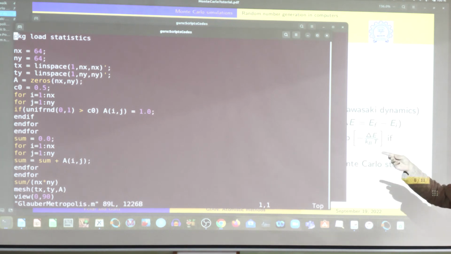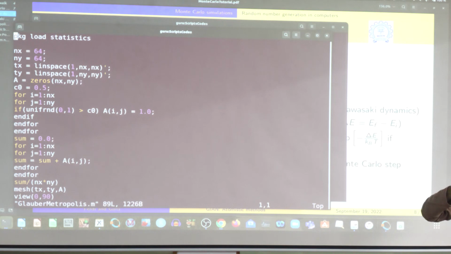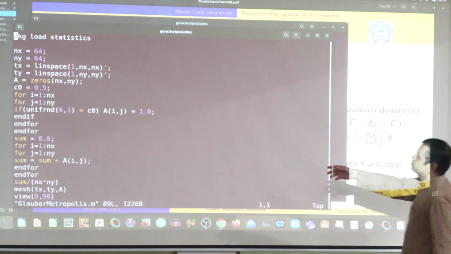Now, this is what I said, first thing is to create the lattice, right. You have created a lattice, A is the lattice. The second step is to populate the lattice. How do I populate? I want 50% up spin or 50% A atoms. So, I go to every site, I toss a coin, if the coin is giving me head, I will put A, if it is giving me tail, I will put B, which is what is being done here.